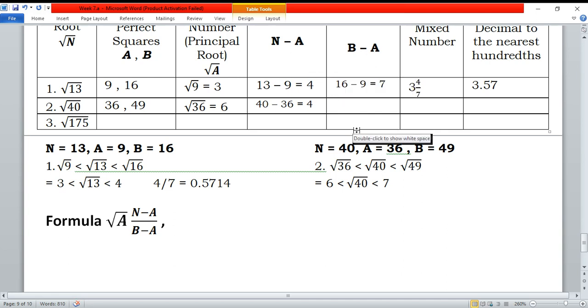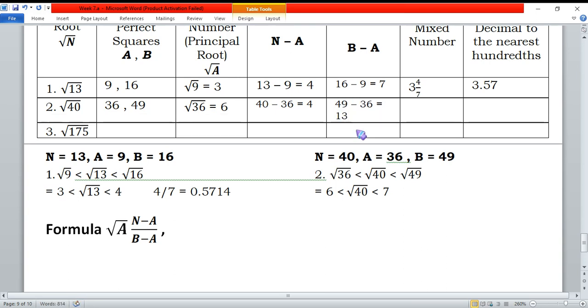Okay. So, B. Ang B natin dito ay 49 minus ang A natin ay 36 equals 13. Yun, 13.